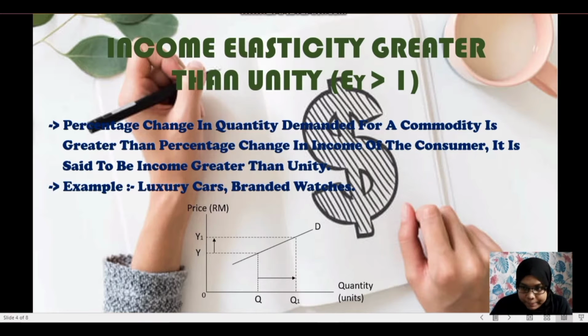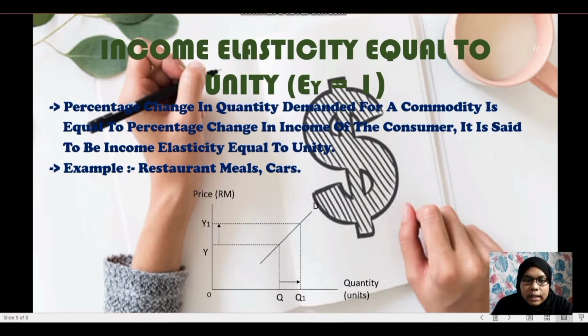For example, when the consumer income rises by 3% and the demand rises by 7%, it is the case of income elasticity greater than unity, such as luxury cars and branded watches. This is income elasticity equal to unity.